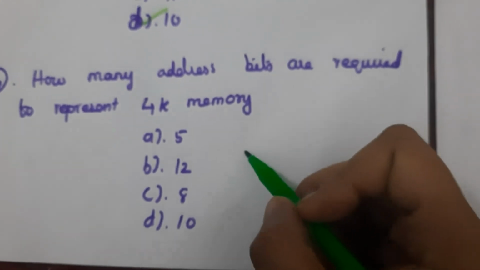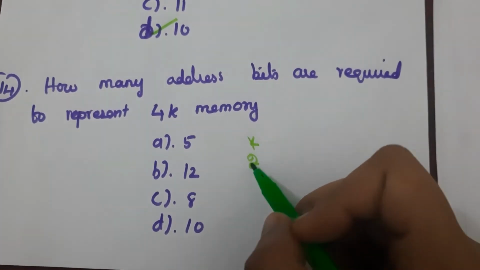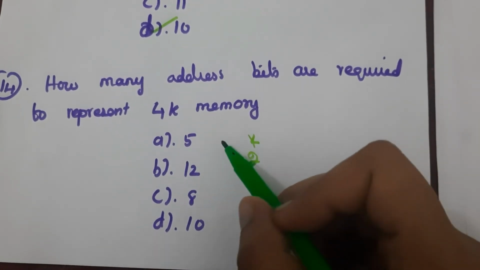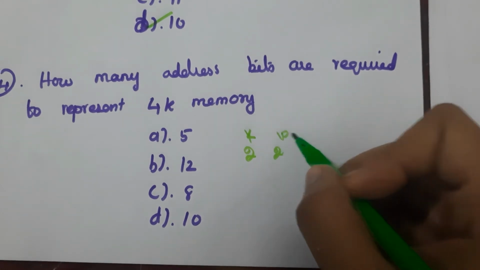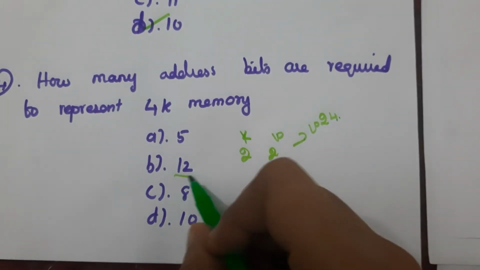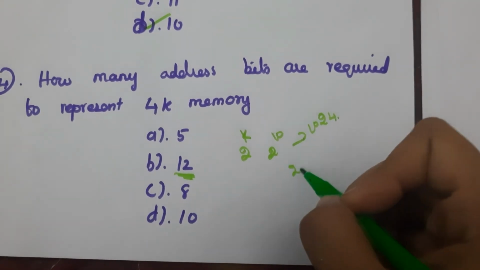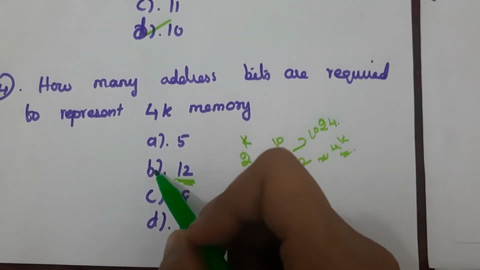For 4K memory we use 2 to the power K. If we use 5, that is equal to 32. Up to 10, 2 to the power 10 gives 1024. So we take 12. So 2 to the power 12 is given as 4K. So here the answer is B.